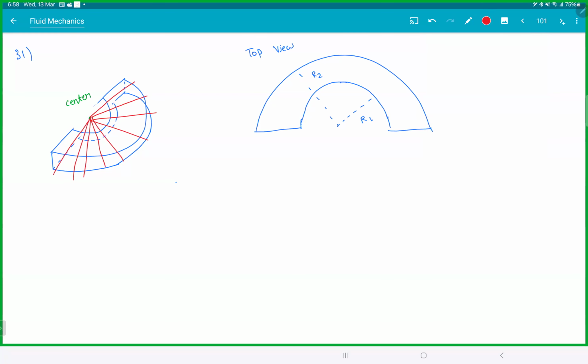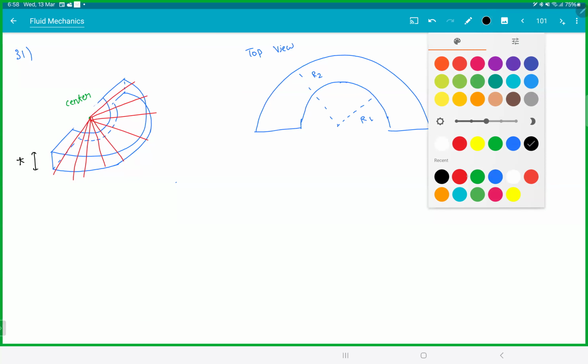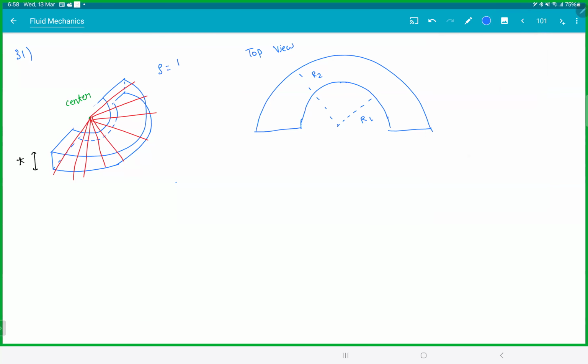We can't ignore this. You're getting how the flow is? The thickness of this is T. The inner radius is R1 and the outer radius is R2. Rho is the density. If you see the flow here, the flow is actually going like this.